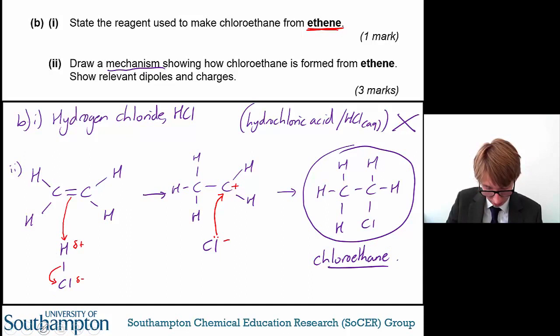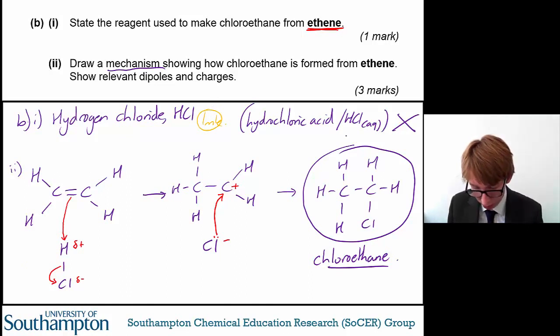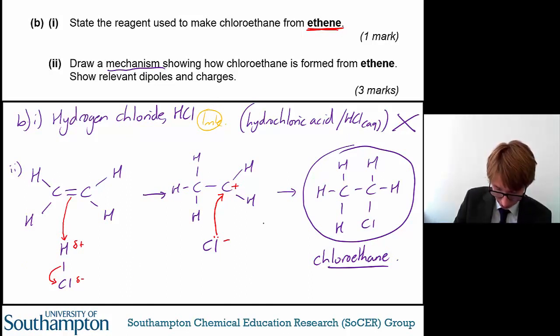Okay, and so now for the distribution of marks there, you get 1 mark for saying it's hydrogen chloride. You get 1 mark for all of the charges and dipoles being correct, so 1 mark for charges and dipoles correct.